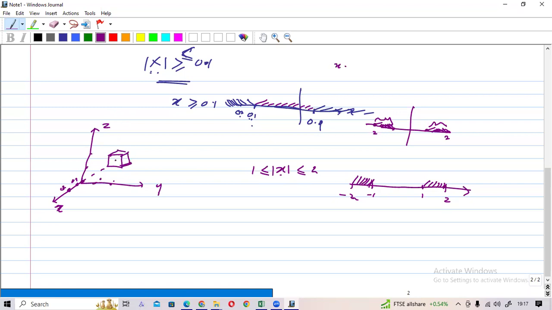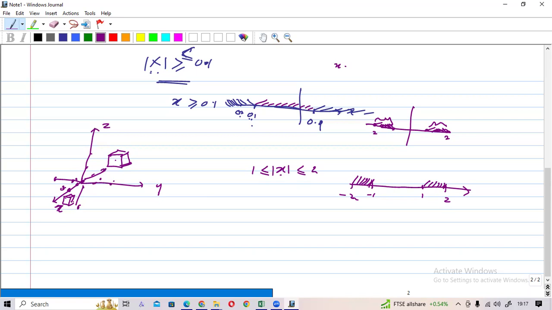So what you have to do? If you consider the minus side, this minus side, then this minus side, you will have a cube in here like this. Also another cube. So there are two cubes actually.